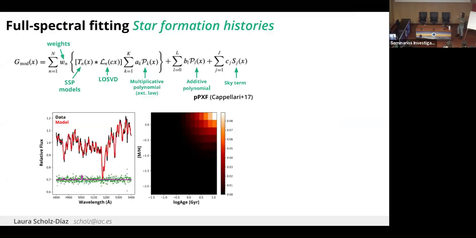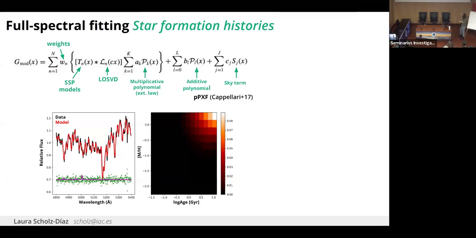So going back to the method, as I told you earlier, pPXF, or full spectral fitting in general, finds in this case the best linear combination of single stellar population models that best reproduce the galaxy spectra. So here you, for example, see a grid of single stellar population models of metallicity and age. And what pPXF does is to assign weights to the models in order to reproduce the spectra.